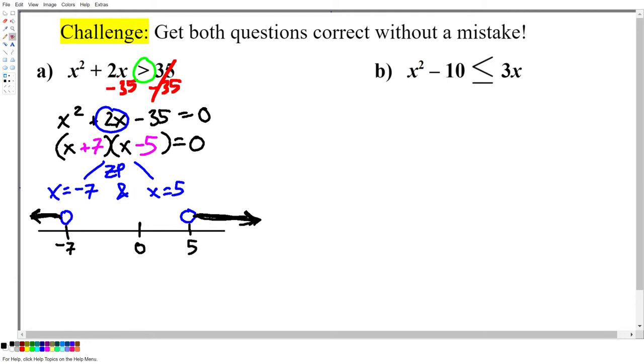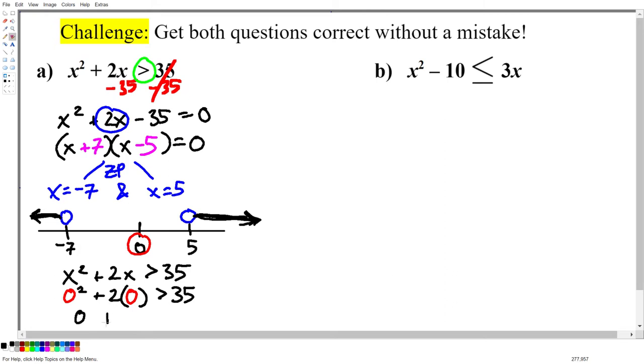We can do a counterexample. Let's see if 0 works, then we're definitely wrong. So let's try to plug in 0 into our equation. So our inequality, let's call it an inequality, is x squared plus 2x is greater than 35. All right, we want to plug in 0 for x. So what happens if we plug in 0? 0 squared is 0. 0 plus 0.